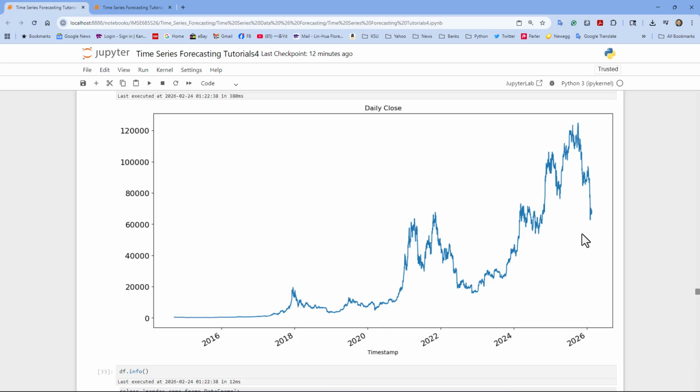So the data itself and the pricing of Bitcoin has been very volatile in the past few months. Let's see if our method can actually capture these trends, uptrend and downtrend, using the forecast methods we have.